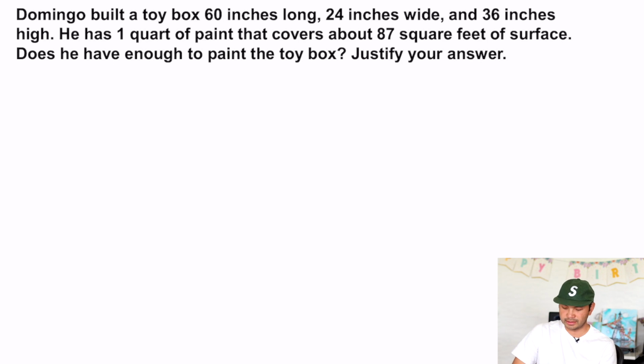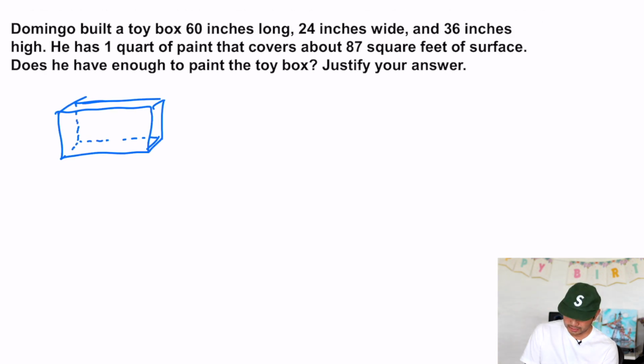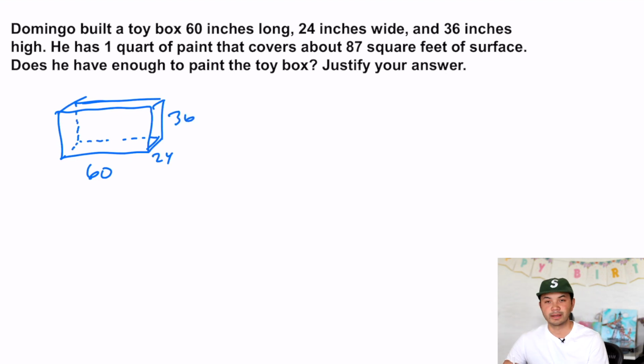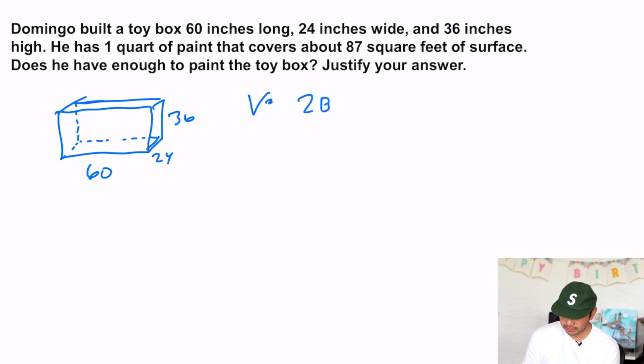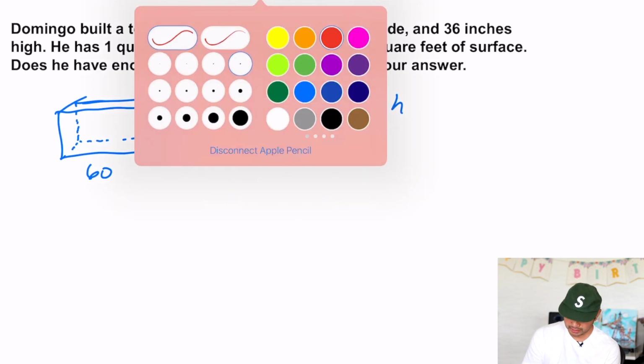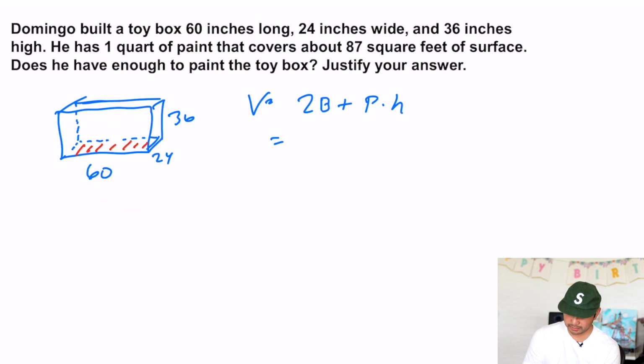First, we need to find the surface area. You could say, okay, this is 60 by 24 by 36. And because I want to do it quickly, I'm going to find the surface area using nets. So 2 times the base area plus the perimeter times the height. My base area, I'm going to say, is this bottom part.